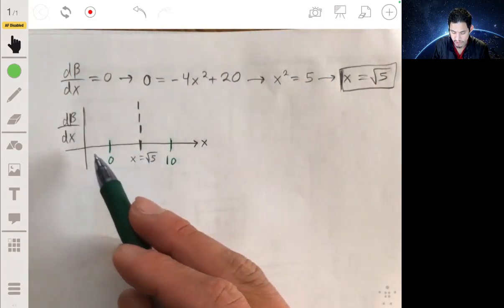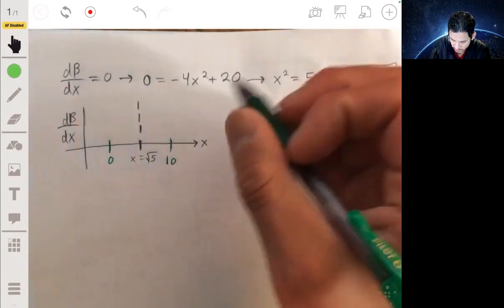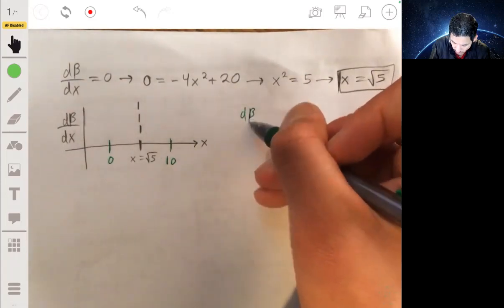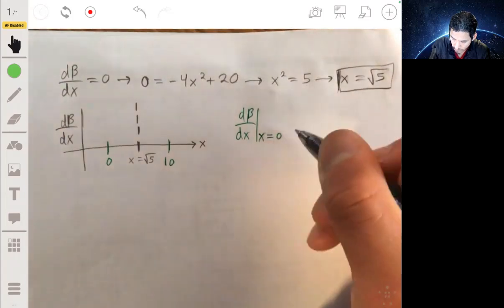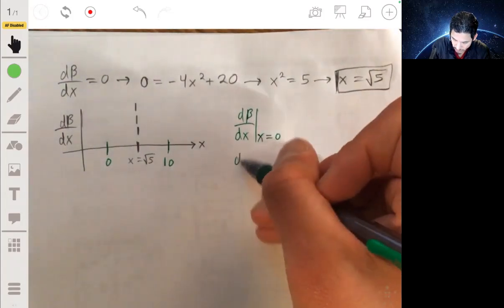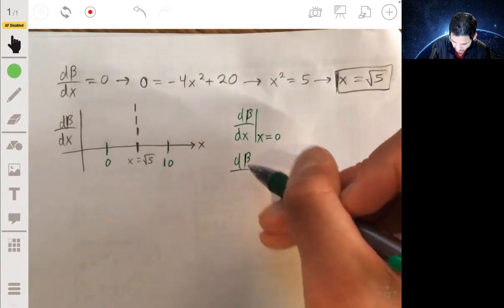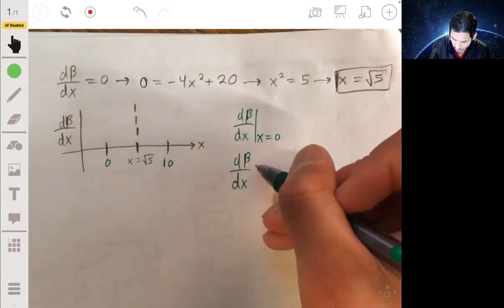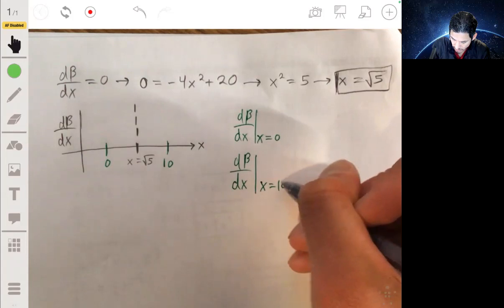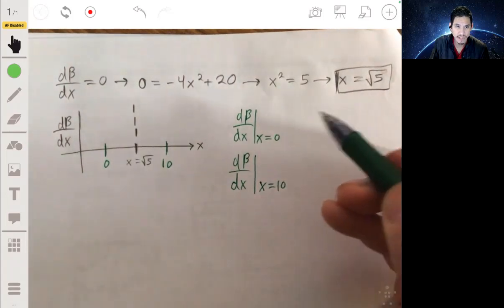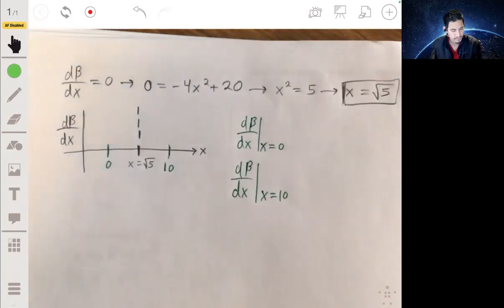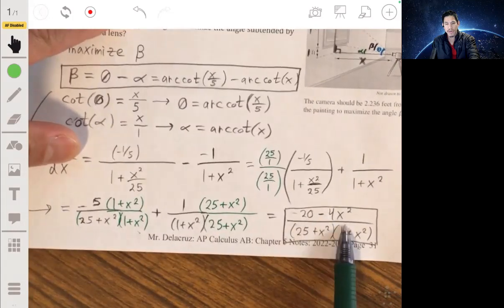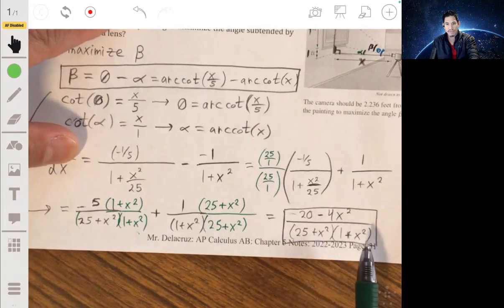So we're going to figure out what d beta dx is when x is 0, and then what d beta dx is when x is 10. So we just have to plug those into our equation for the derivative. So just going back to this, we'll get 20 minus 0 over 25 times 1.